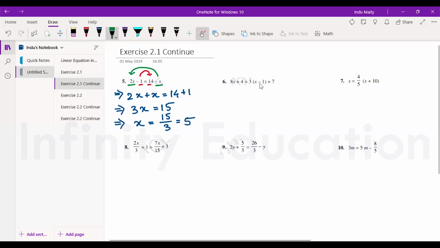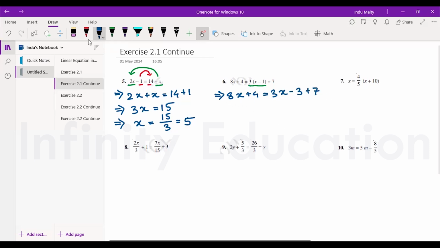Next. In the next one, it is a little tricky. We can see on the right side, there is a small multiplication in the equation. So we have to do that first. So 8x as it is plus 4 is equal to, now this is 3 times x minus 1. So we can see 3 times x is 3x. 3 into minus 1 is minus 3 plus 7.